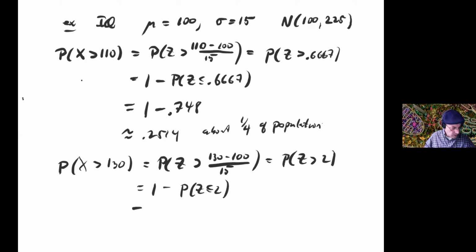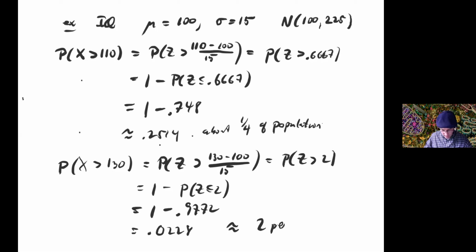And if you look it up on the calculator or the table, it's 1 minus 0.9772, which is 0.0228. So about 2% of the people have an IQ above a score of 130.